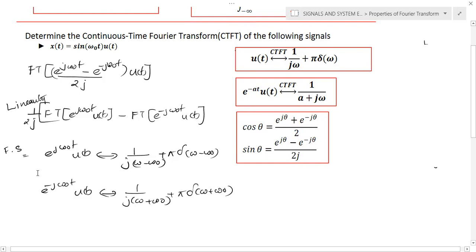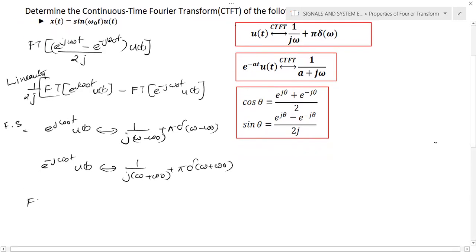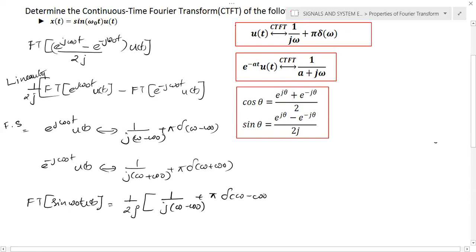Now we can combine the result, and the Fourier transform of the signal sine omega 0 t into u of t is equal to 1 by 2j. 1 by 2j is a common term, and the remaining terms are 1 by j(omega minus omega 0) plus pi into del of omega minus omega 0 minus 1 by j(omega plus omega 0) minus pi into del of omega plus omega 0.